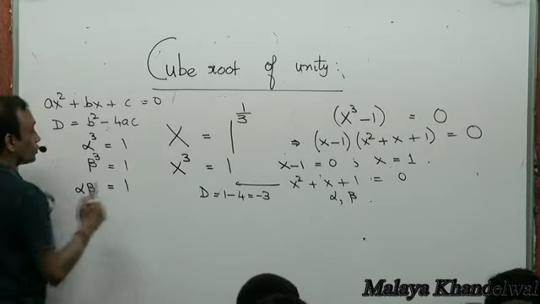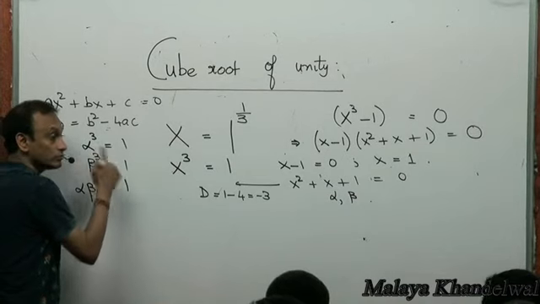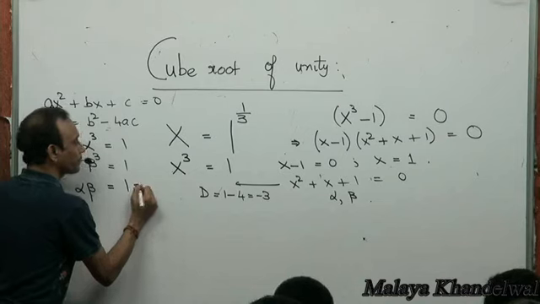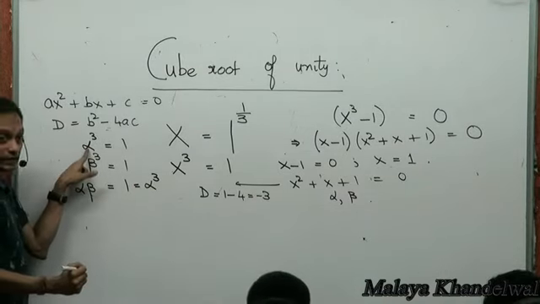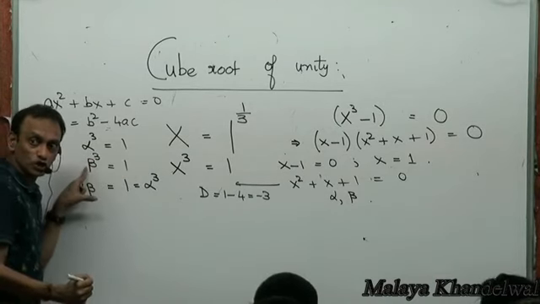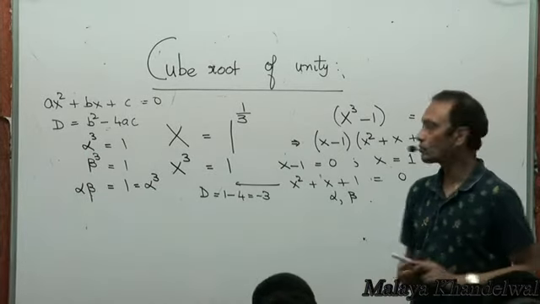Now, this 1 I can write as alpha cubed. Right? Because alpha is a cube root of unity, alpha cube must be 1. If beta is a cube root of unity, beta cube must be 1. Yes or no? Confused?